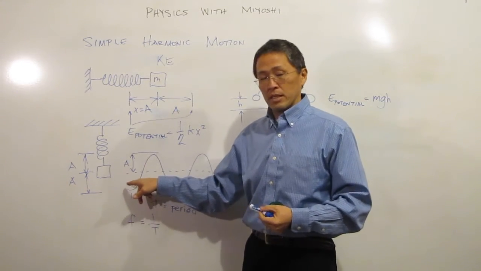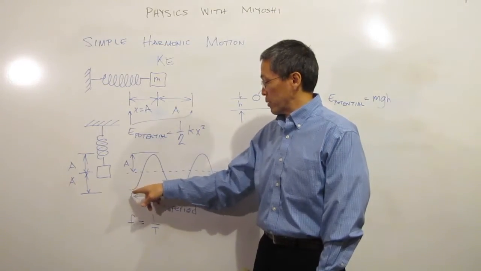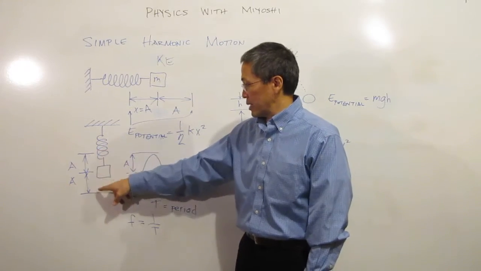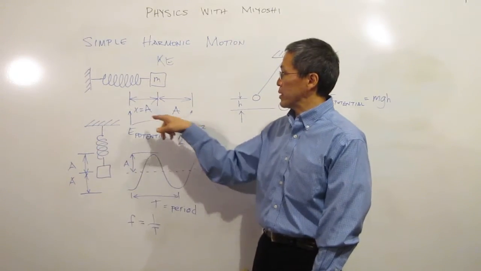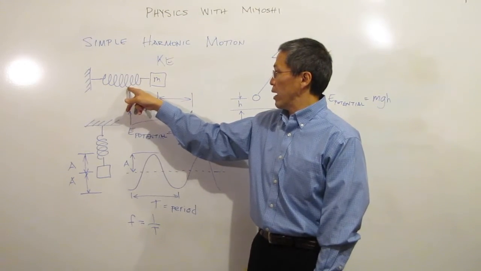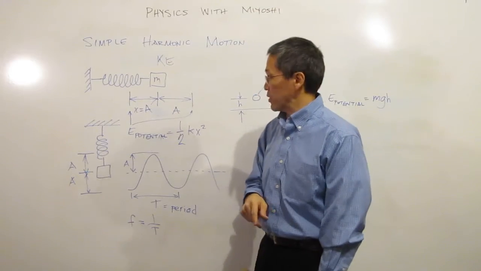whatever is in simple harmonic motion to go back and forth between a starting point and an ending point. So if I was at the bottom, the time it takes to go to the top and then back down again, that's the period. One time is the period. If I was in a horizontal, it'd be the time it takes to go from one end to the other and then back again.